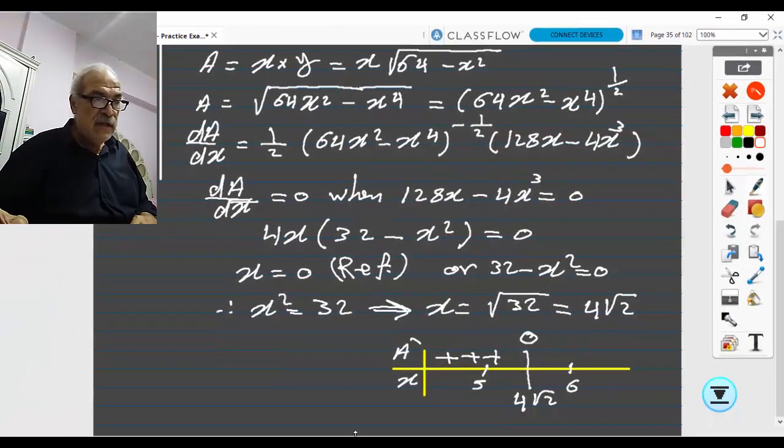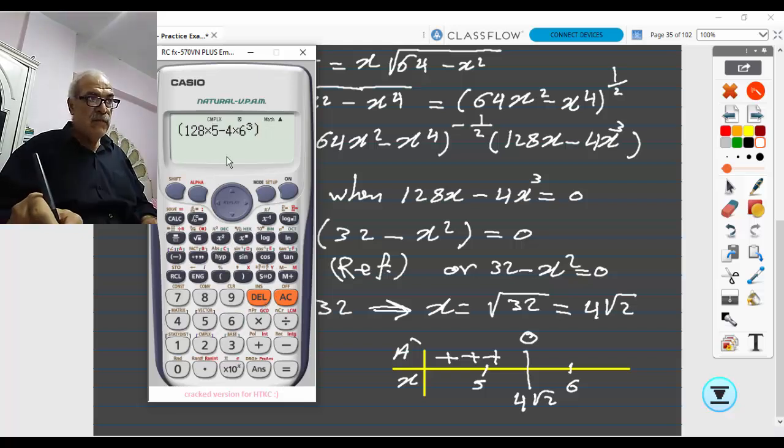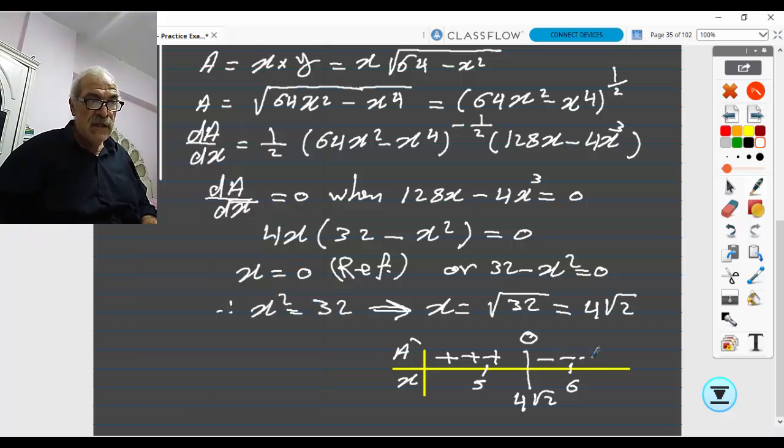And we investigate this value when x equals 6. So we write 128 multiply 6 minus 4 multiply 6 power 3, and the result is negative 96, negative. So the function is increasing in this interval and decreasing in this interval. Okay, so you can say there is a maximum value to the area when x equals 4 root 2.